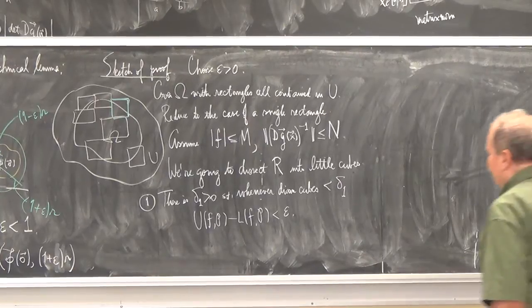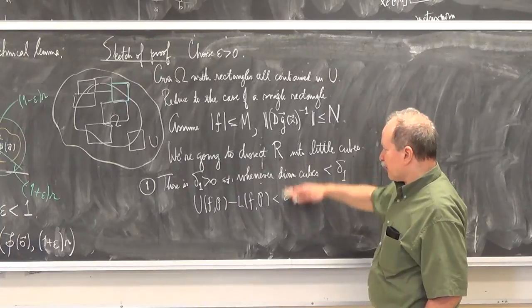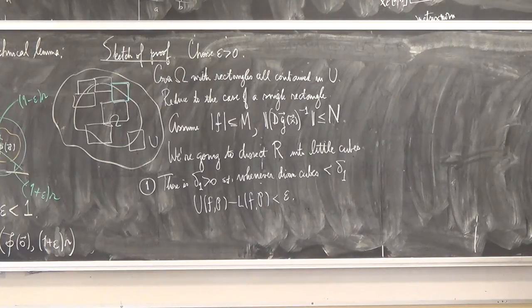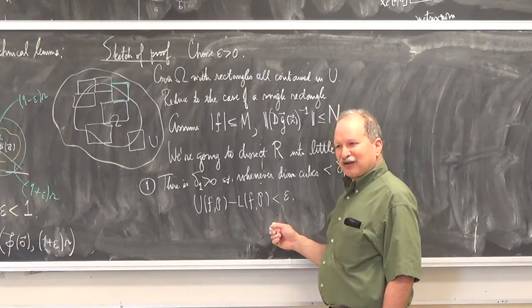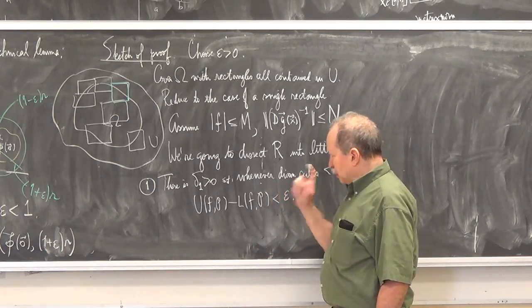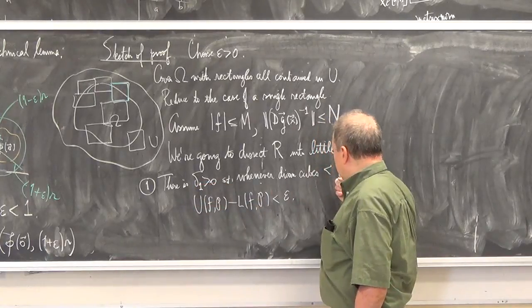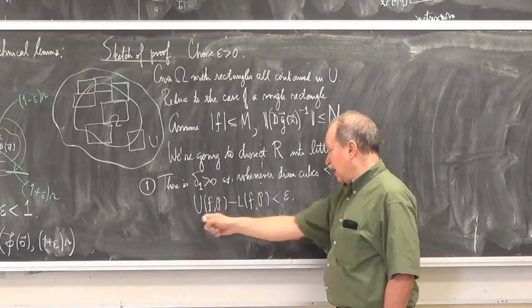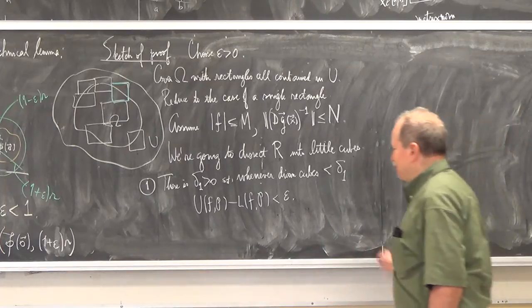We're going to end up with epsilons flying around that we're trying to estimate things by. Where did this come from? It was that homework problem with the bad partition and good partition, where you considered good and bad rectangles and proved that because of the convenient criterion there had to be a delta. If you took any partition where the size of the rectangles was less than that delta, upper sum minus lower sum is always going to be less than epsilon. All right, so that's my first step.